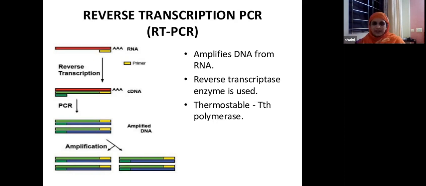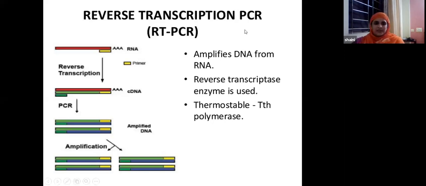But we have many circumstances when the virus to be tested is a single-stranded RNA, or when we want to assess gene expression. By gene expression assessment, we mean we don't want to know the DNA, we want to know the messenger RNA.